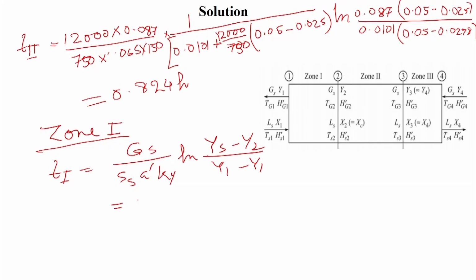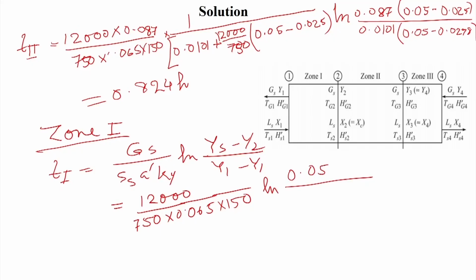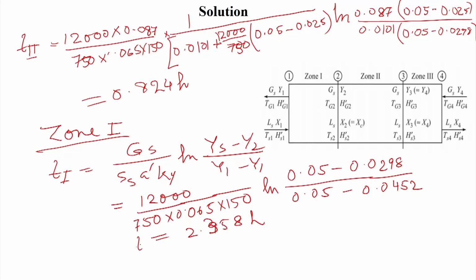So, here Gs is equal to 12,000, Ss means 750, A prime is 0.065, Ky is equal to 150, ln of Ys is equal to 0.05 minus 0.0298 divided by 0.05 minus 0.0452. So, it is coming out as 2.358 hour. So, this is T1.